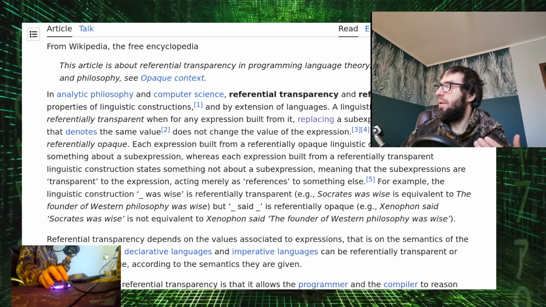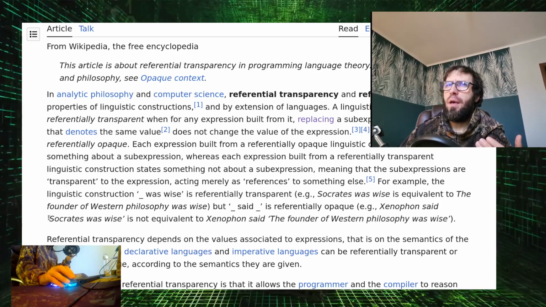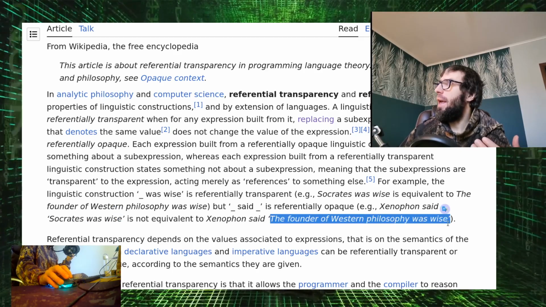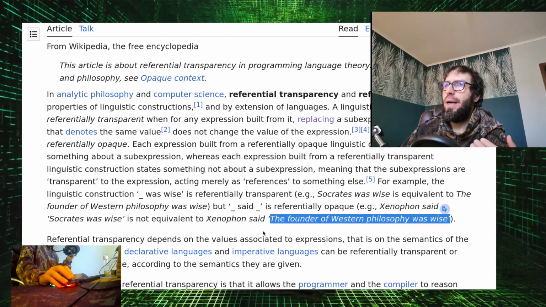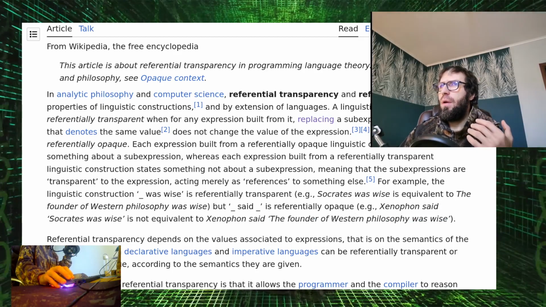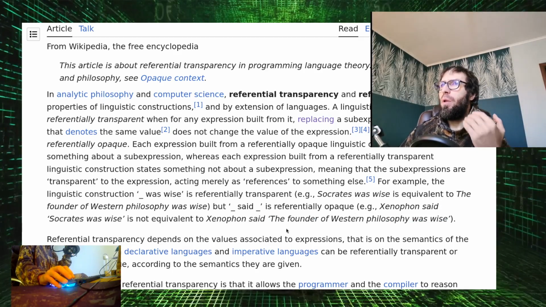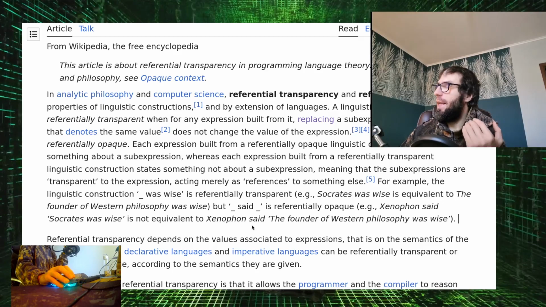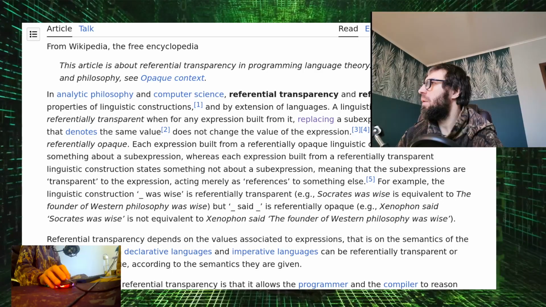Here this sub-expression and this sub-expression have the same meaning, but if we replace it in this context, we will have different semantics, because literally Xenophon said two different things.